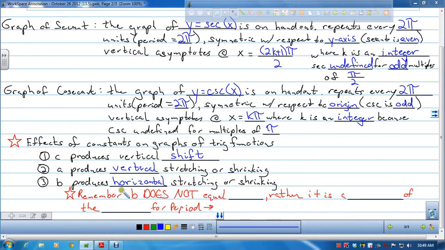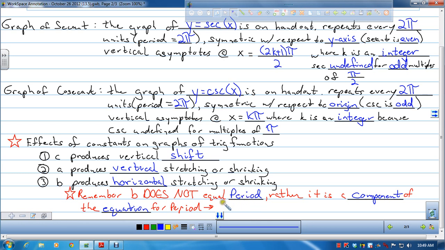Just want to remind you that B does not equal the period. Rather, it's a component of the equation for period.